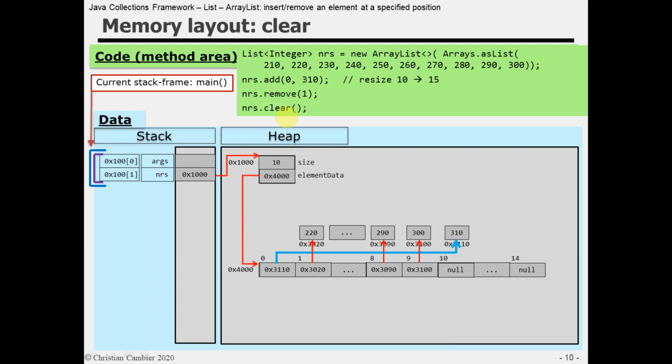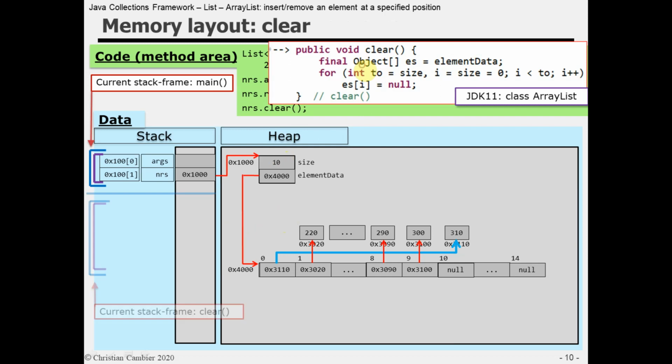Showing the JDK code right away. Setting up the stack frame. So I have the this pointer. And I have a local variable here, es, which refers to element data. So this.elementData is 4000, so es refers to the internal array located at address 4000. Some more local variables are allocated in the for loop. The to and the i.